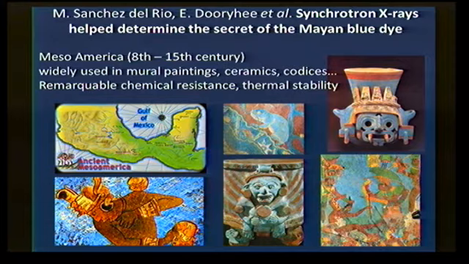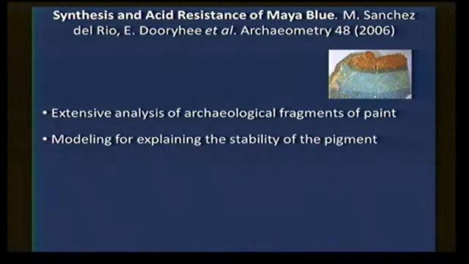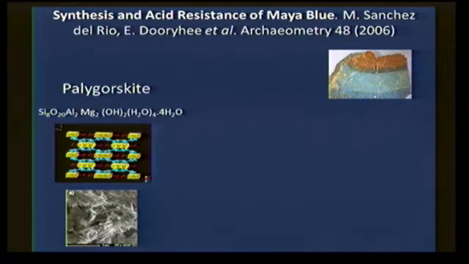It's very resistant to chemical attack, and also it resists temperature. So we tried to understand that better. This is here a typical fragment of a mural with the Maya blue, and we did a lot of analysis on those archaeological materials, and we did a lot of modeling in order to understand the resistance and the long-term stability of that particular pigment.